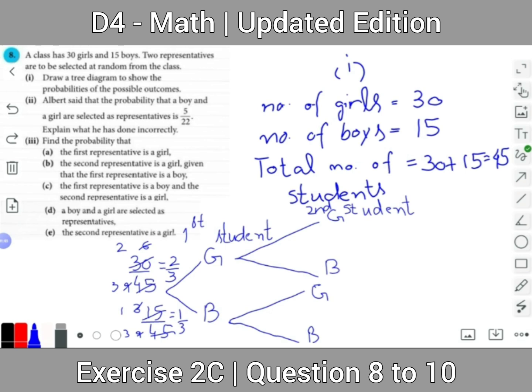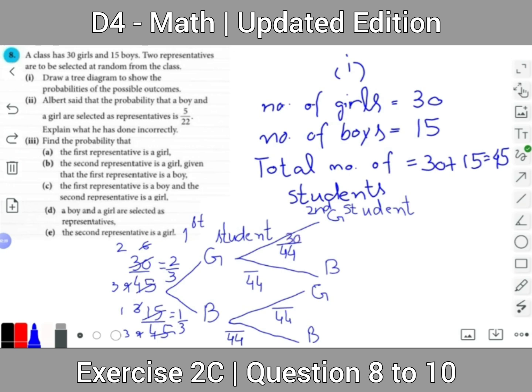Now for the girl, since we have already selected one student, 44 students are left. So here we have 44 students left in each case. Now to find the number of girls, here we have 30 over 44.